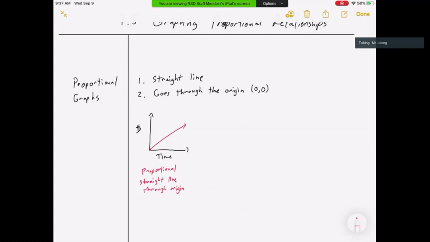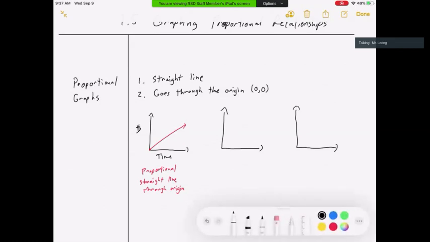So what are some non-examples? What about if we had something that looked like this? I'm going to do two non-examples here. First, this is still time, and this is still money.